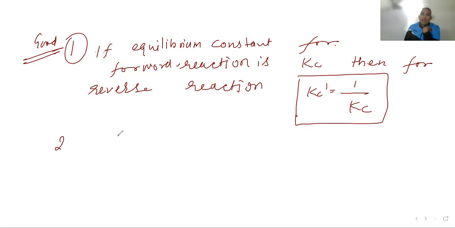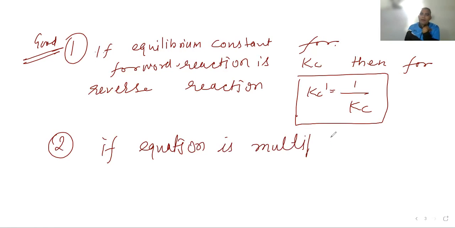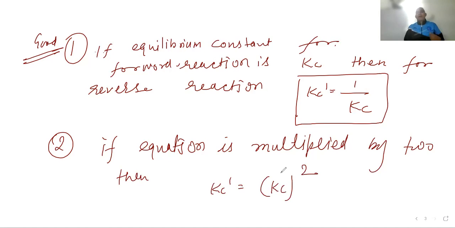Point number 2. If the equation is multiplied by 2, then what will be there? Kc dash is equal to Kc power 2. So multiply will go to square, right? And if you are reversing, it will go divide.